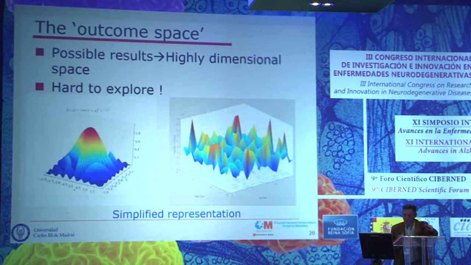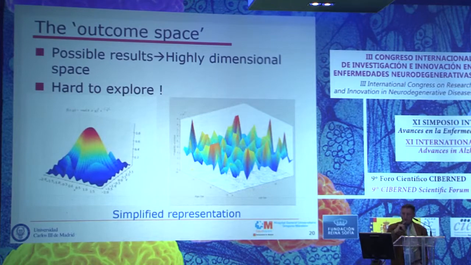So let me try to explain a difficult concept here, which is that of the outcome space. The idea is that when using these methods, we don't have just one single result. We have a wide span of possible results, which is what I call the outcome space. That space is the set of all the possible findings I could have reached using different combinations of parameters in my methods.